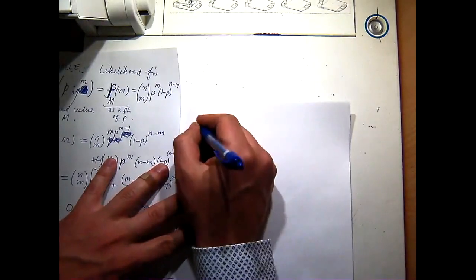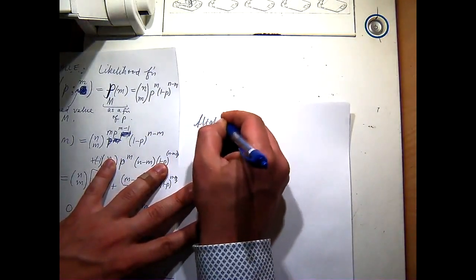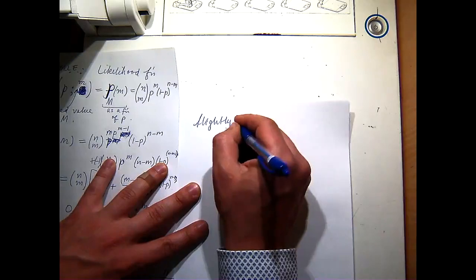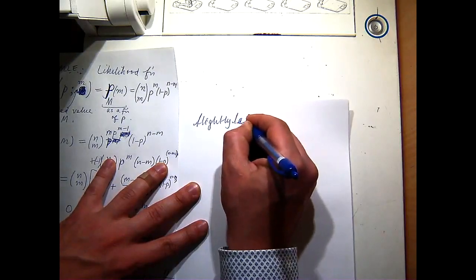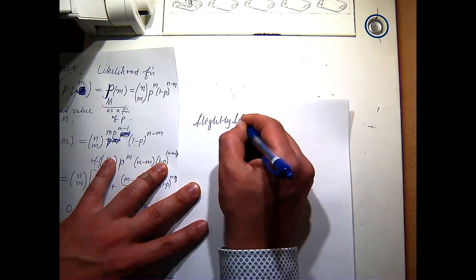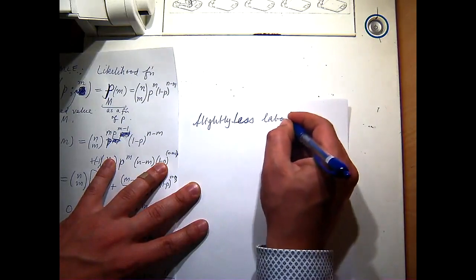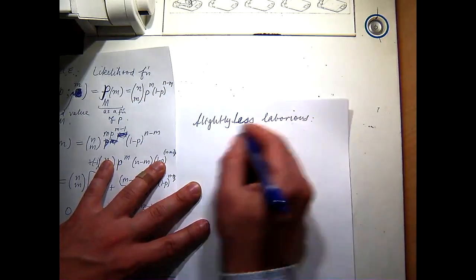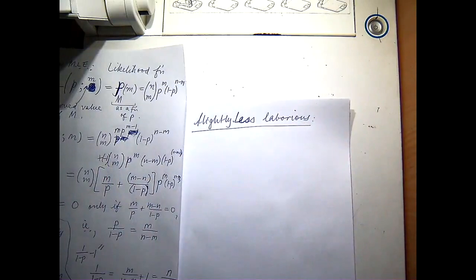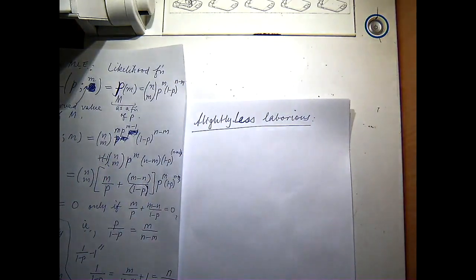Now, every method I'm giving you is adapted to parameters that are continuous. So even for a binomial, the parameter p is continuous.